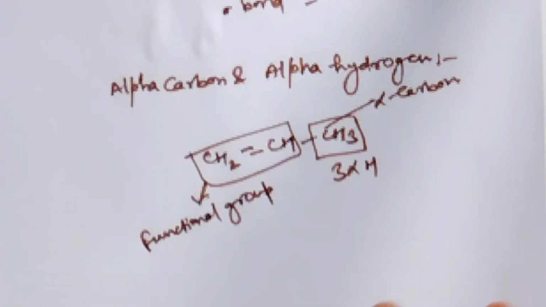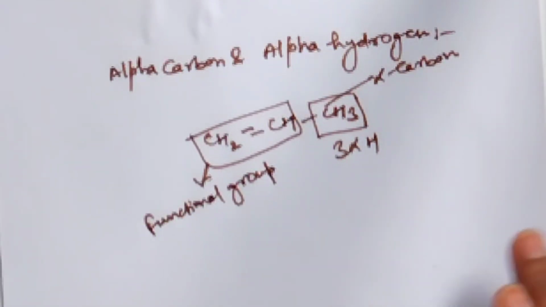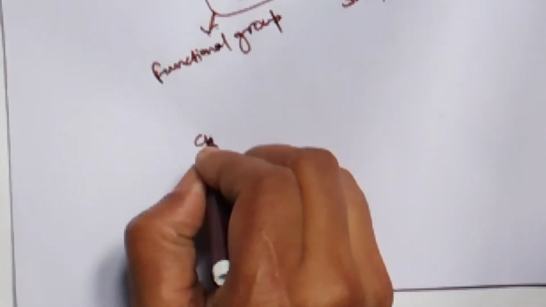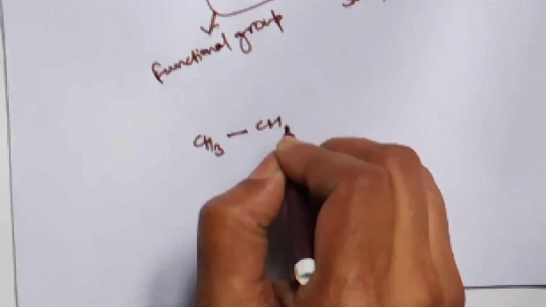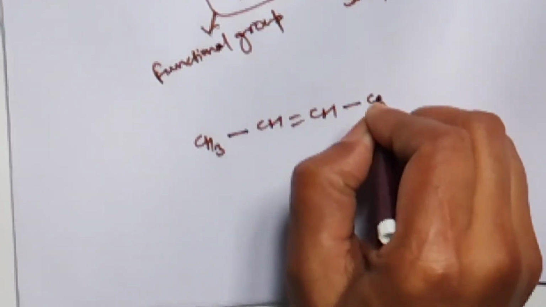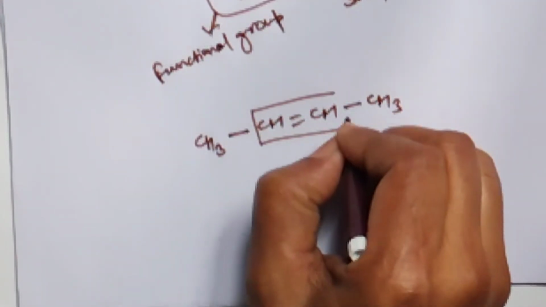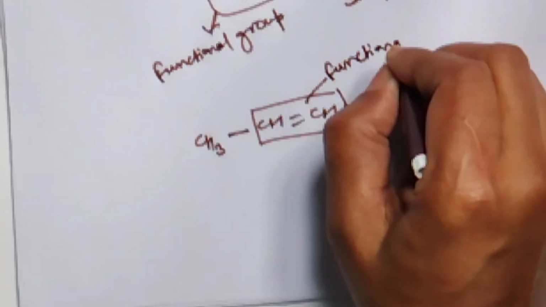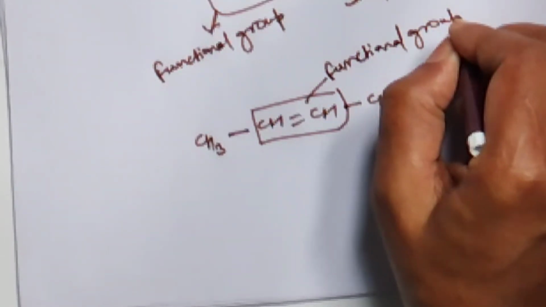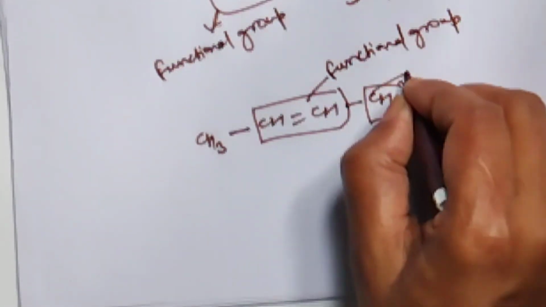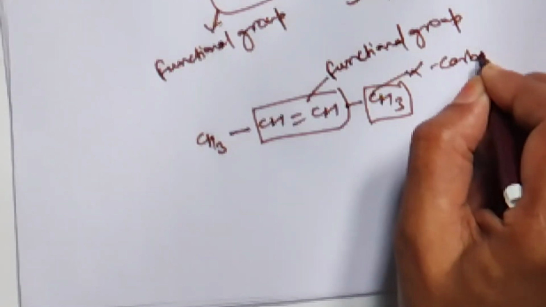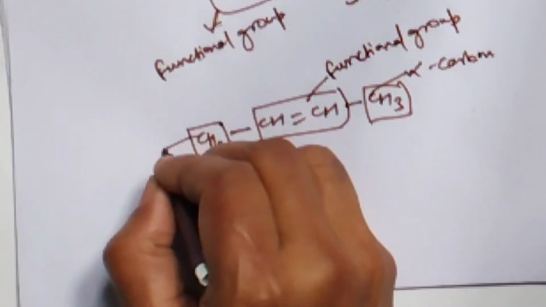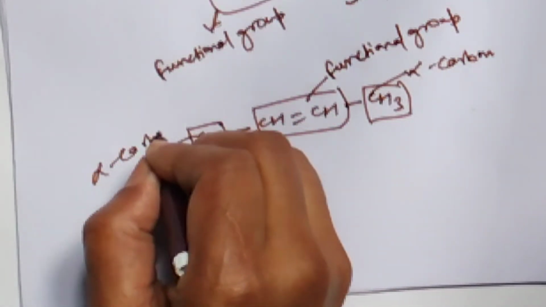Let's see another example. CH3, CH double bond CH, CH3. This is the functional group. This is the alpha carbon and this is also an alpha carbon.